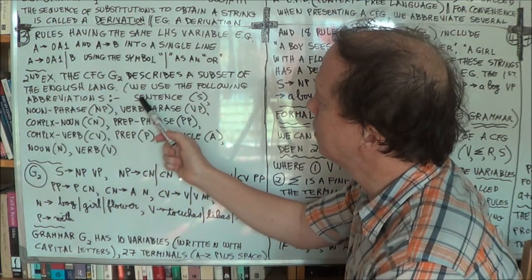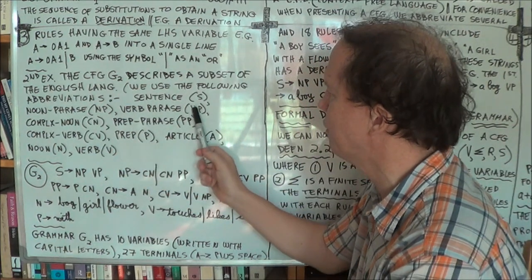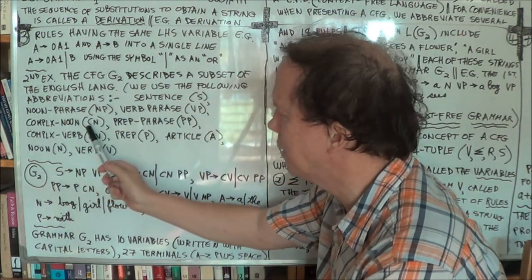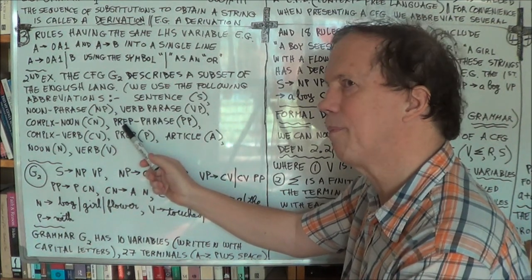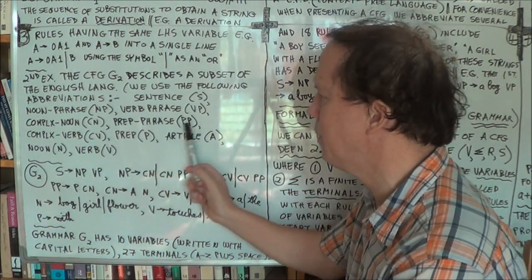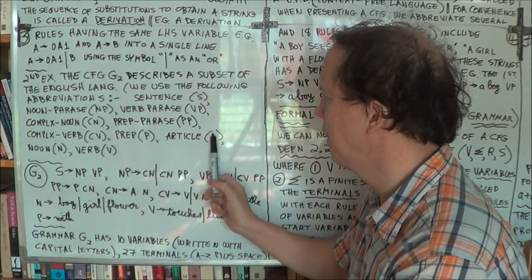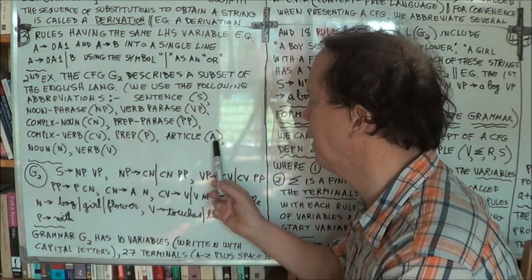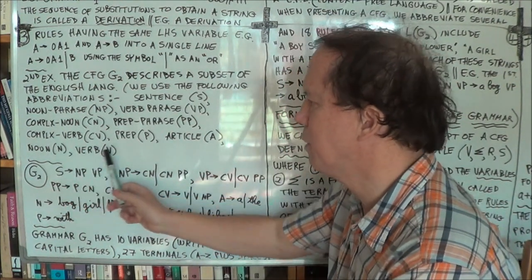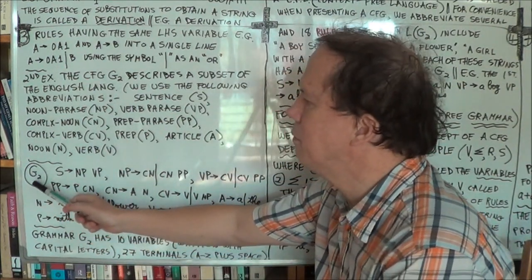So I shorten sentence to S, noun phrase to NP, verb phrase to VP, complex noun to CN, prepositional phrase to PP, complex verb to CV, preposition to P, article to A. An article is like "a" or "the". Noun to N, verb to V. So we're talking about grammar G2, our second example of a grammar.